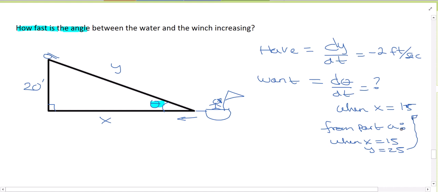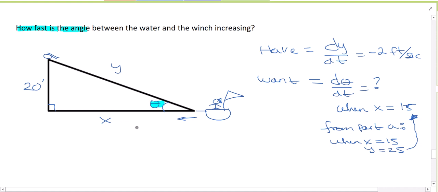That was not a very good arrow there. Okay, so we have our picture with variables, the things that are changing. Now notice what's going to be happening as this distance decreases. The boat is being pulled, so x decreases, y decreases.